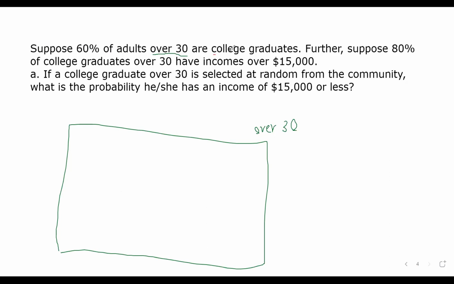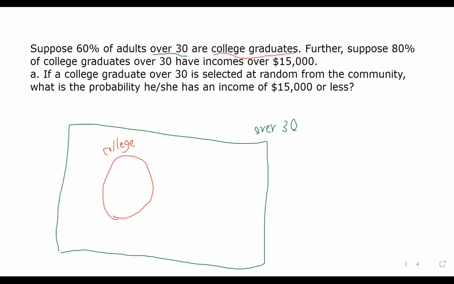So now college graduates, right? That's a set of its own. So these are college graduates, okay? So I'm just going to label college graduates as college. That means college graduates. That's 60% of the entire universal set. Further, suppose 80% of college graduates, 80% of the people in the circle over 30 have incomes over 15,000.